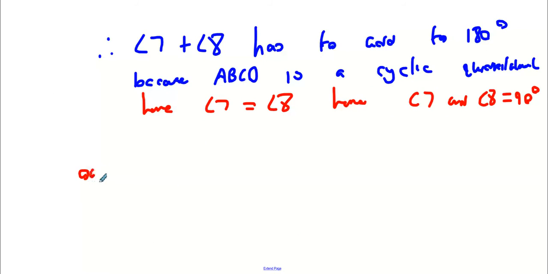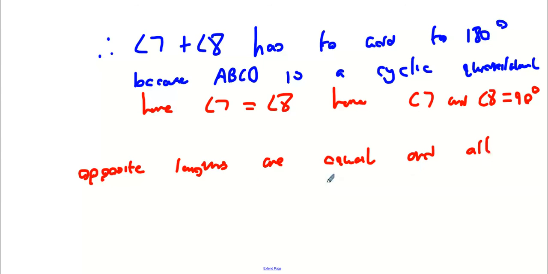So, opposite lengths are equal, and all 4 angles are 90 degrees.